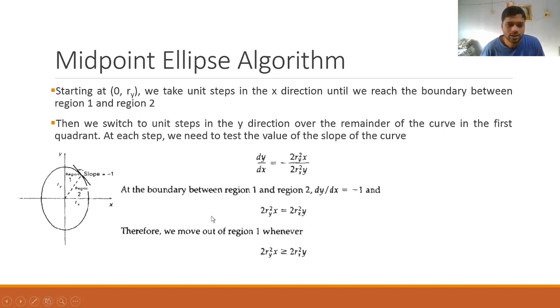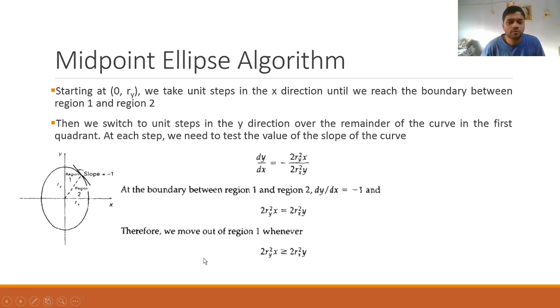Now at the boundary between region 1 and 2, the slope value is -1. This is the particular slope we have found out, by differentiation with respect to x for variable y. So if I put dy by dx as -1, the minus signs will cancel, and I will have 2 ry square x equal to 2 rx square y.